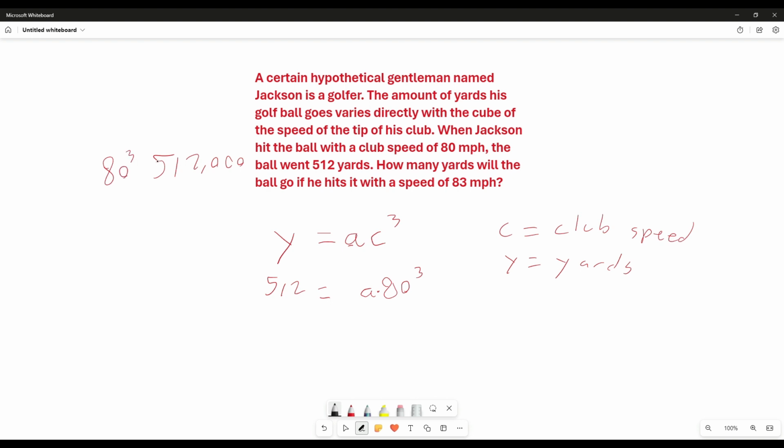It's 512 divided by 512,000, because you divide by 80 cubed on both sides. So 512 divided by 512,000 gives you 0.001. Hey, look, it's a nice number. Wow, I made the equation that way. It's pretty crazy. So y equals 0.001 c cubed.